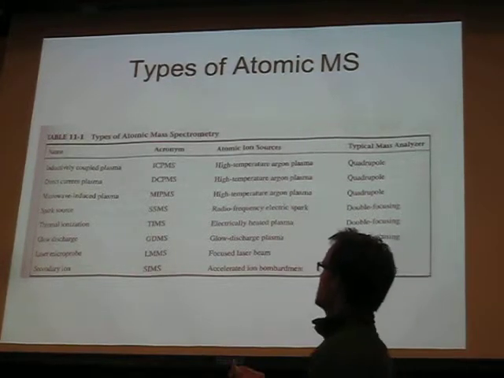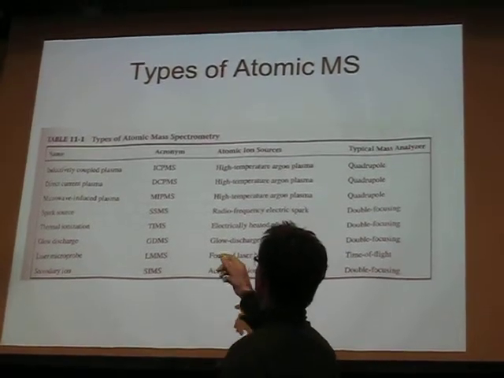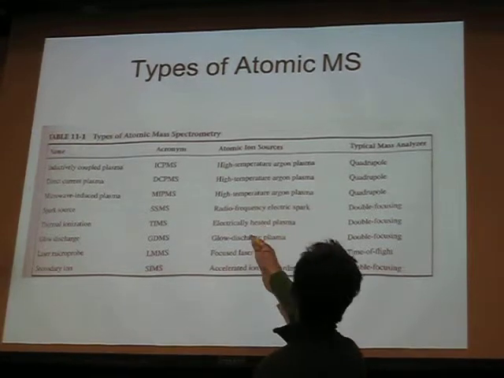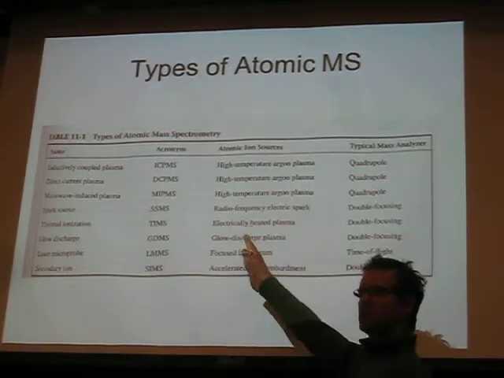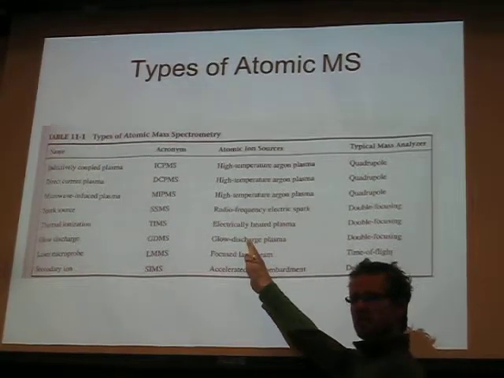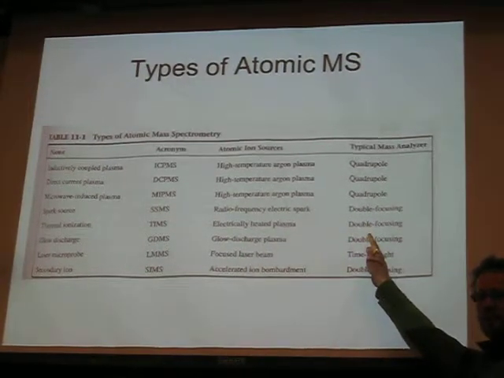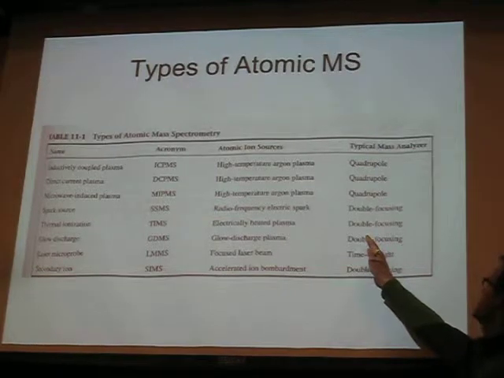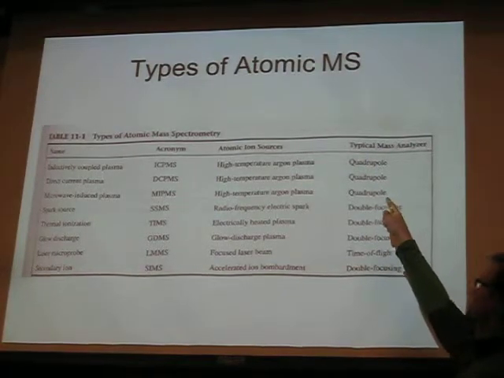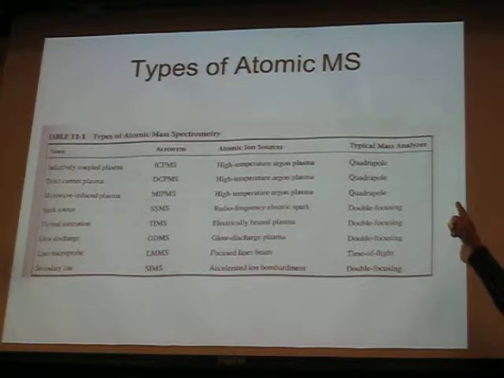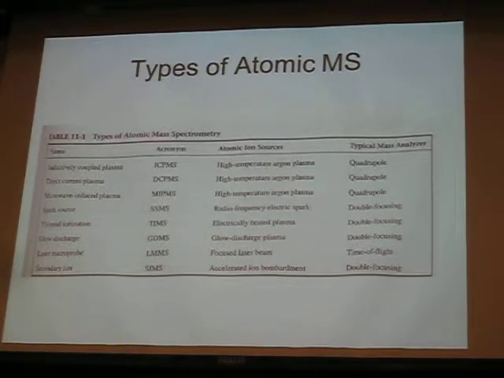I want to show this slide of your book. I'm only going to show this just to kind of reiterate these different kinds. There's lots of different kinds of mass spectrometers, and basically they're broken down in how you are generating the ion that's going to be flying into the mass spec, and how you are going to separate those masses. Right? And there's a range in costs from the cheap ones, what are referred to as quadrupoles. We'll talk about that. And the mass analyzer is the part of the instrument that's actually separating individual isotopes based on their mass to charge ratio.